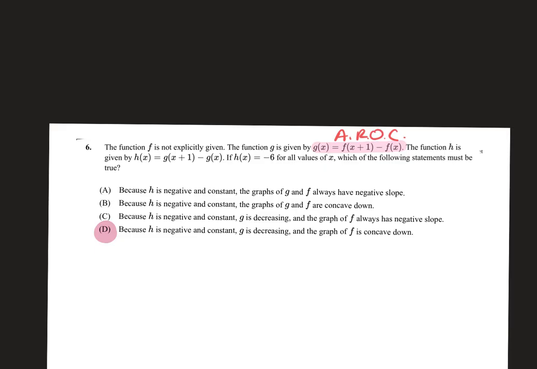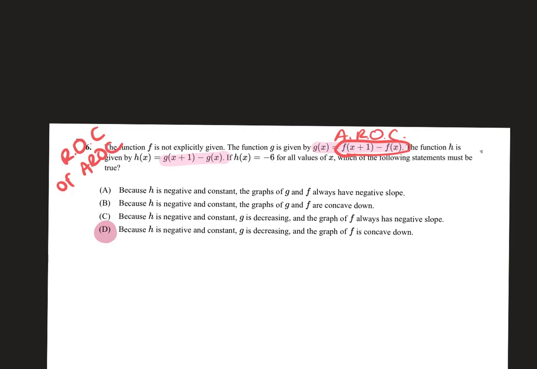Then it says h of x is g of x plus 1 minus g of x. Well, g of x plus 1 would be this guy with the second term and then that guy with the first term. So that is your rate of change of your average rate of change. That is your second difference.